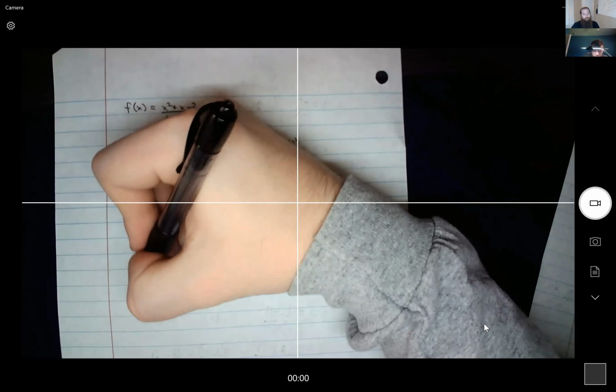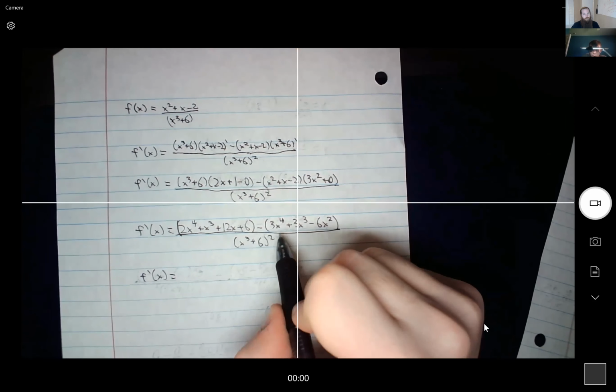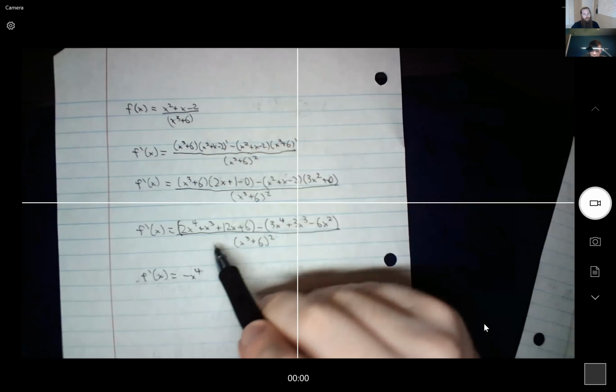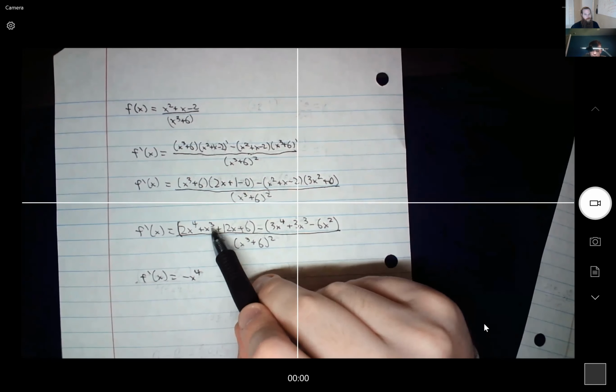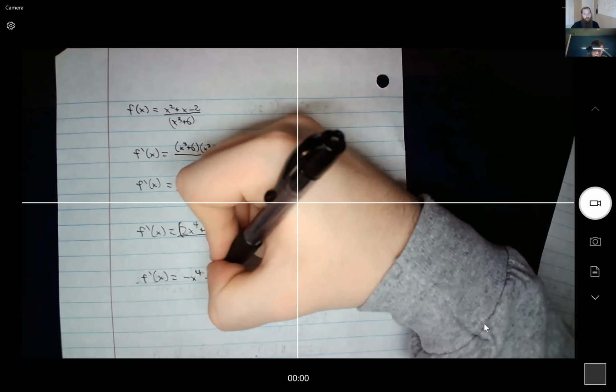Then you would combine those two, f prime of x. So 2x to the fourth minus 3x to the fourth is going to be negative x to the fourth. x to the third minus 3x to the third is going to be negative 2x to the third.